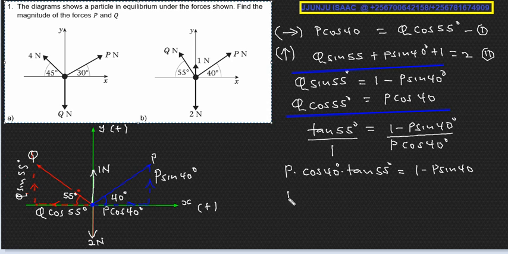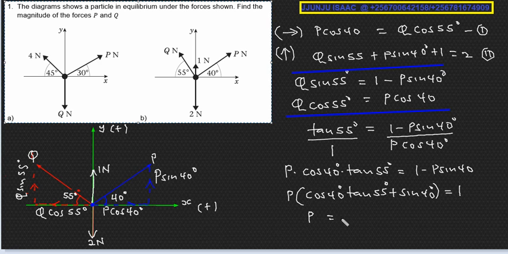So we shall have P into cos 40 tan 55, then plus sine 40 equal to 1. If we factorize P there, we shall have this plus sine 40 degrees.